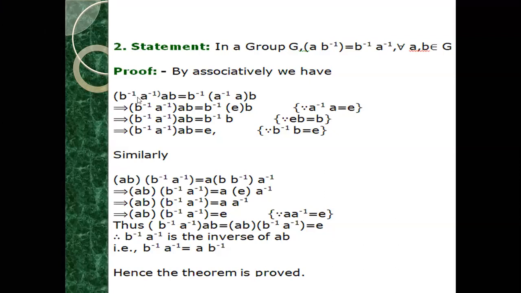So by the associative law, we have B inverse A inverse into AB is equal to B inverse A inverse A into B. Here A inverse A is equal to E by the identity law.